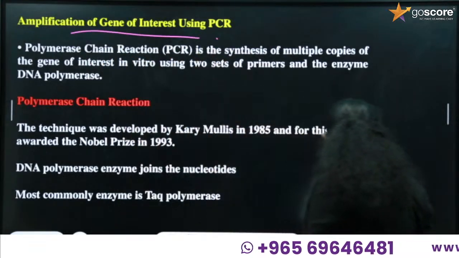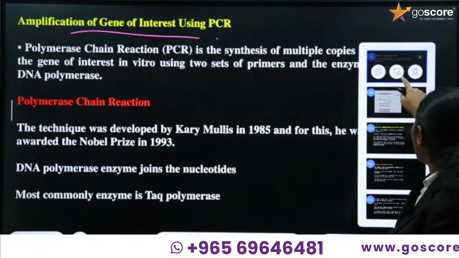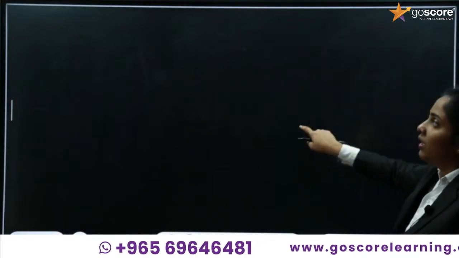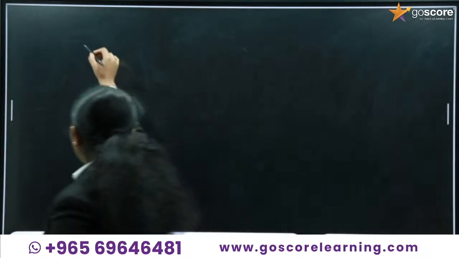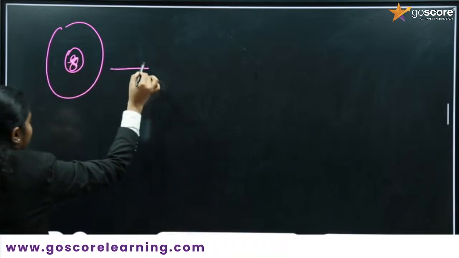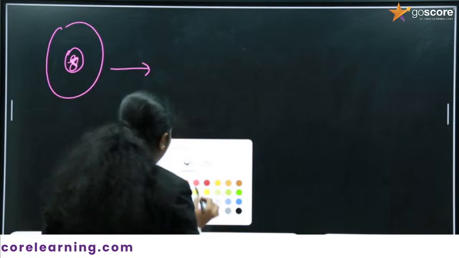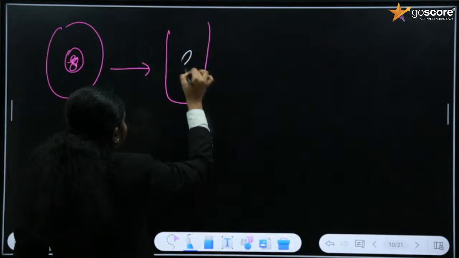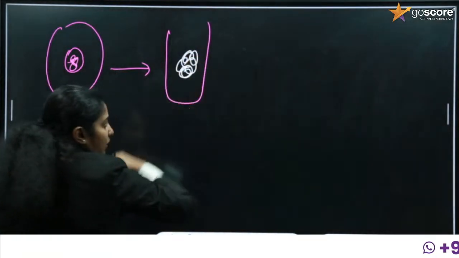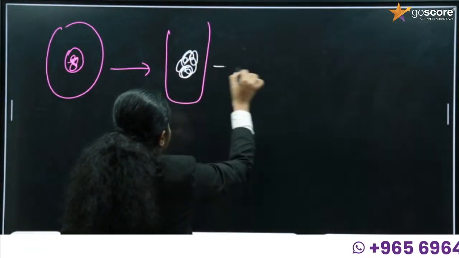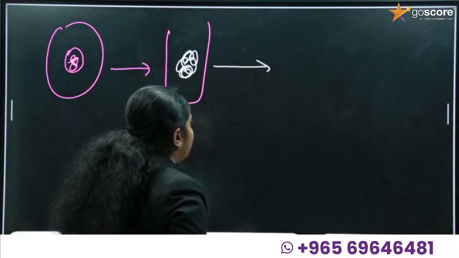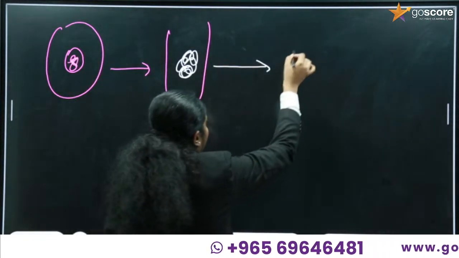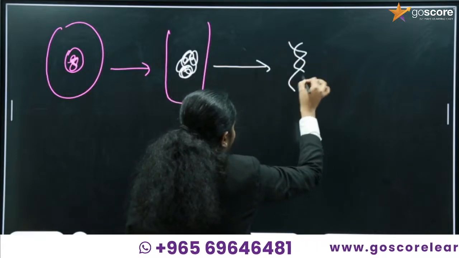What does it mean? Amplification of gene. As I have mentioned, first we can draw a cell. Inside the cell, what is there? The nucleus is present. Inside the nucleus, the DNA is present. After the process, we get the desired DNA with the help of gel electrophoresis.